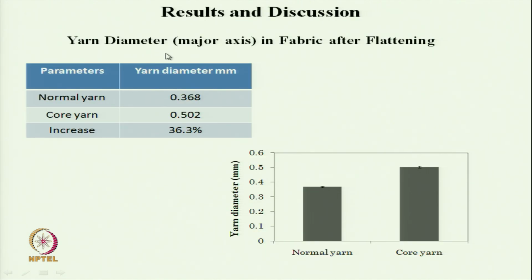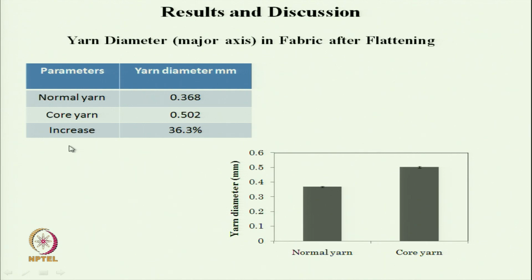The yarn diameter, that is the measured axis in the fabric after flattening, for normal yarn is 0.368 after flattening. The core yarn has become 0.502, although their linear densities are the same, 20 English count, and these are taken from the fabric stage.